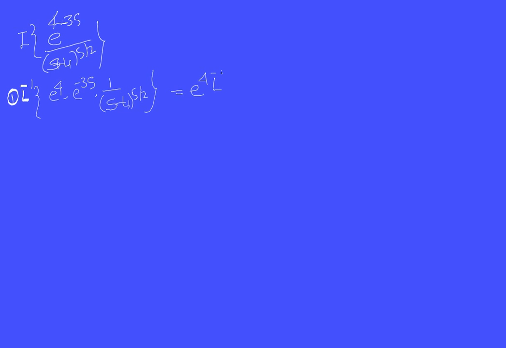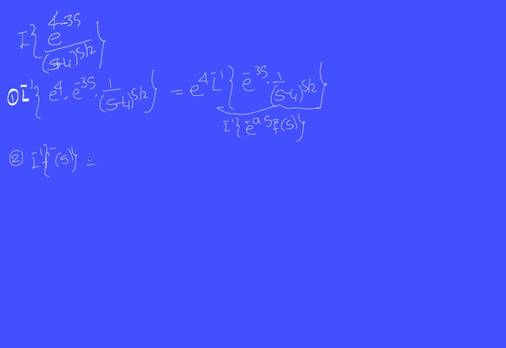So e power 4 into L inverse of e power minus 3s into 1 by (s minus 4) whole power 5 by 2. This is in the form of L inverse of e power minus as into f bar of s. L inverse of f bar of s is f of t.